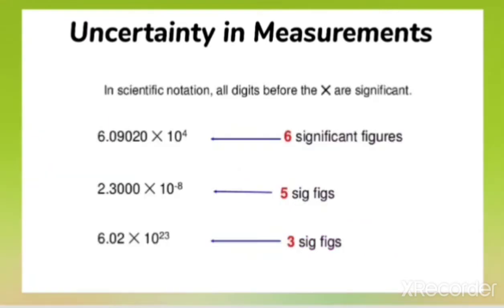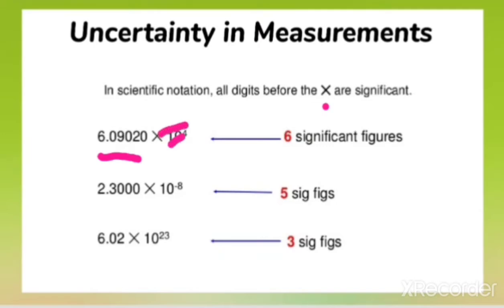Now when numbers are in scientific notation, as given here, all the digits before the cross are taken as significant. So in this case you can see 6.09020 times 10 raised to power 4.